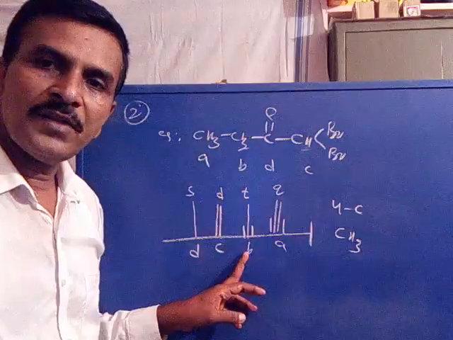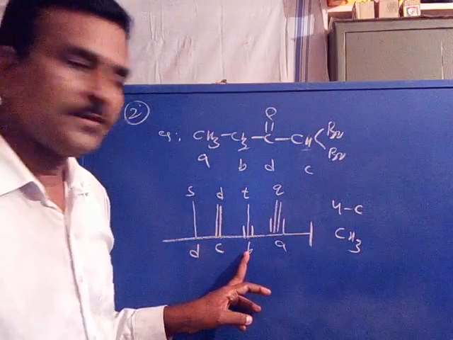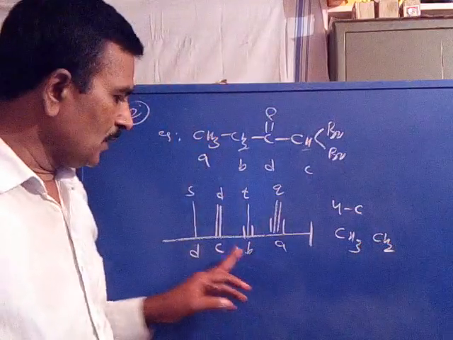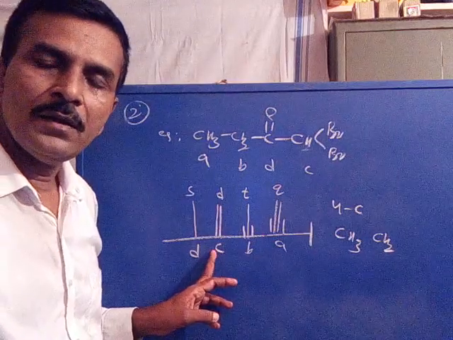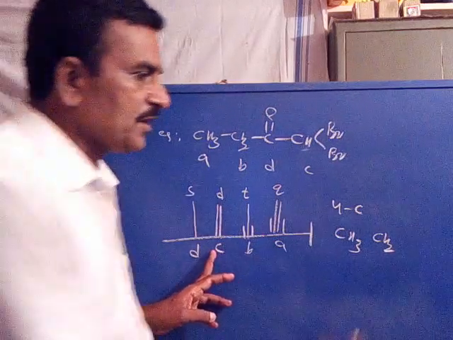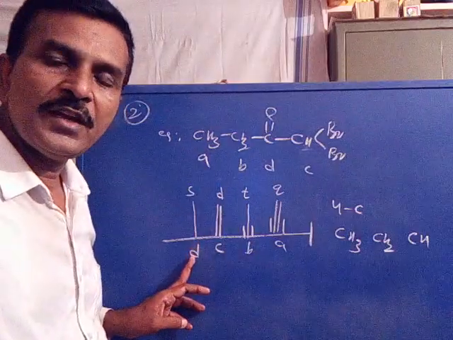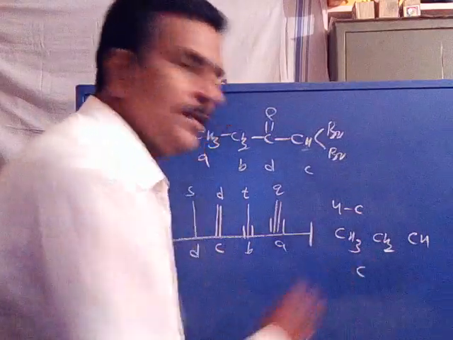Now the second signal multiplicity is triplet. It indicates the second carbon is CH2. Now the third signal multiplicity is doublet. It indicates it may be a CH carbon. Now the fourth signal is a singlet, indicating this is the carbon without hydrogen.